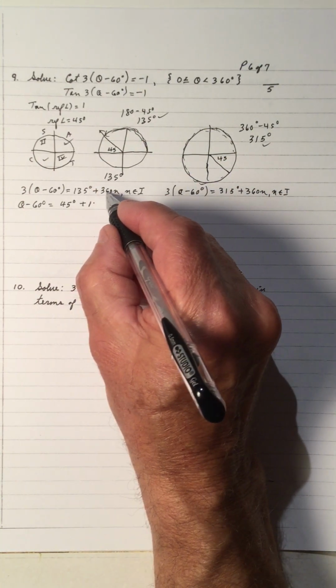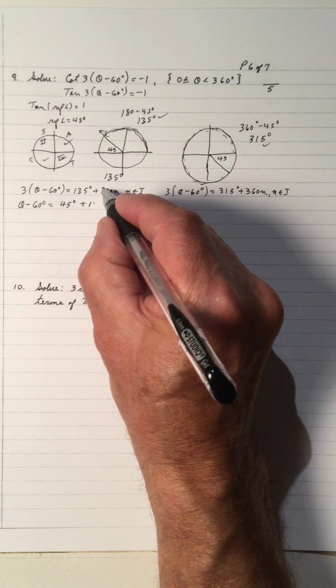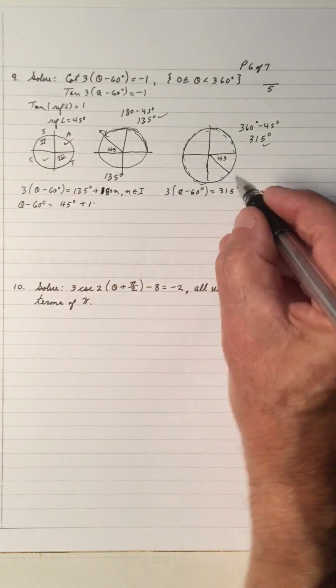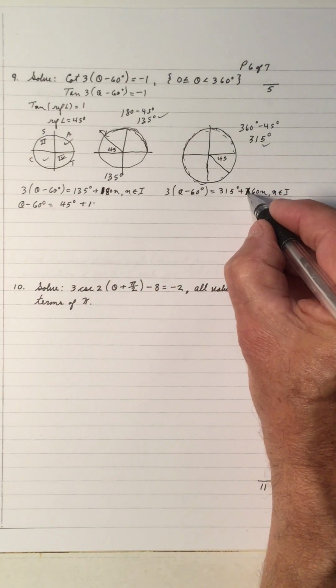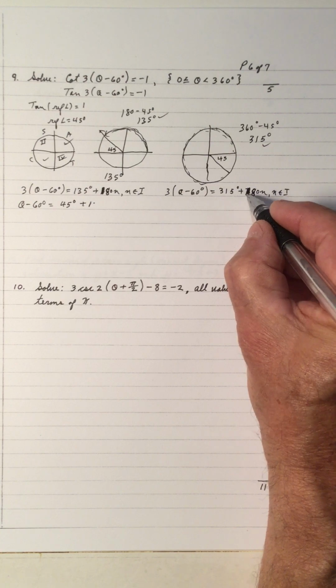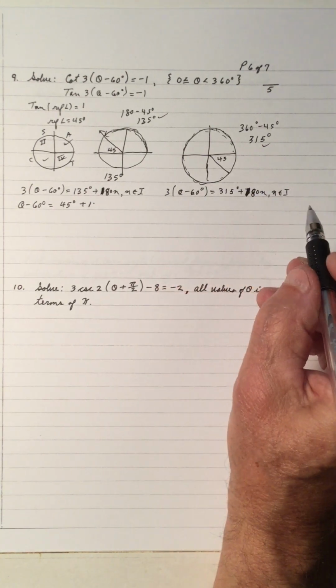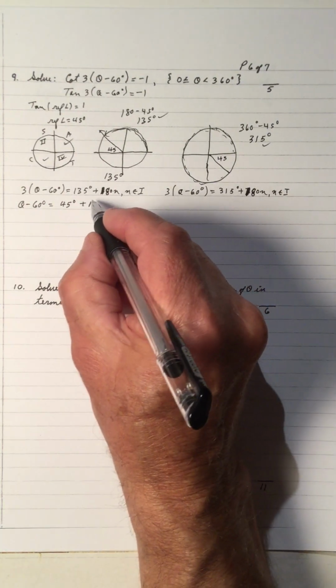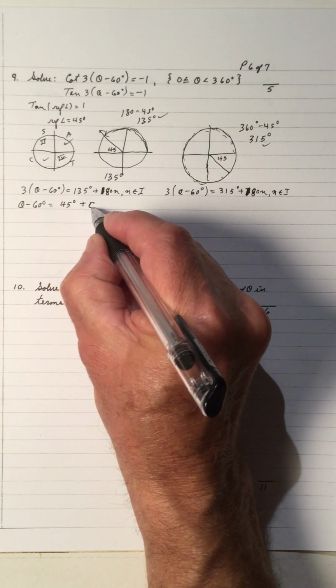Notice I have a 360 here, but the period of tan is 180. Period of tan is 180. Period of cot is 180. So I almost jumped ahead. The other ones, sine, cos, secant, and cosecant, are 360. So 3 into that makes 60.